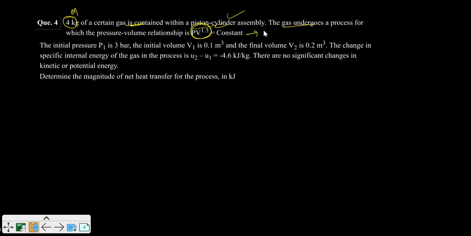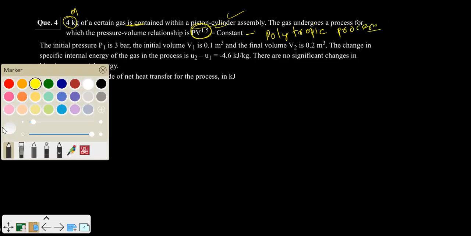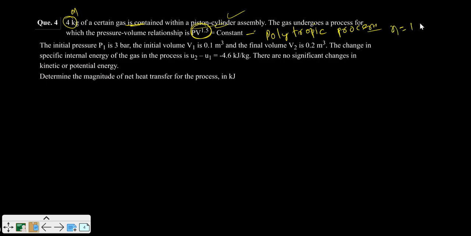So here we can say this is the polytropic process, and for this polytropic process the value of n is equal to how much? So n equal to 1.5.